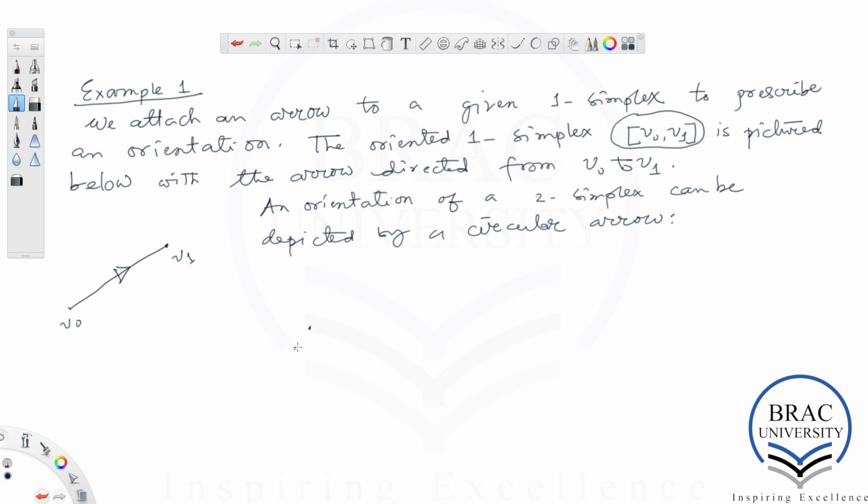Say we have three vertices v0, v1 and v2. We form a triangle out of these three vertices.